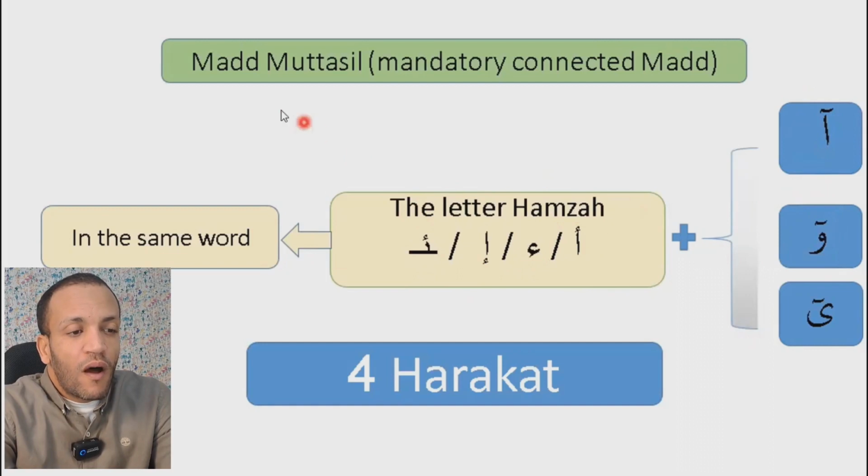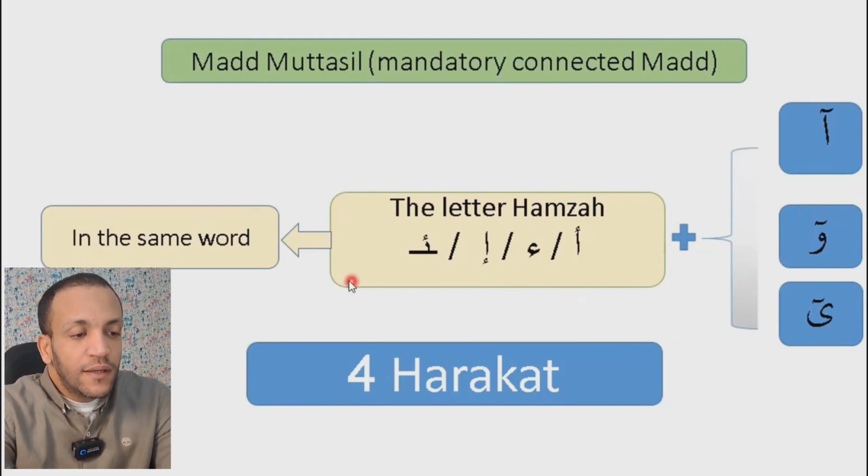So you must apply Madd Muttasil. This Madd must be prolonged for 4 harakat. Maybe you are used to saying vowel counts instead of harakat, it is the same. So in this Madd, you should prolong the letters of Madd for 4 harakat or 4 vowel counts.